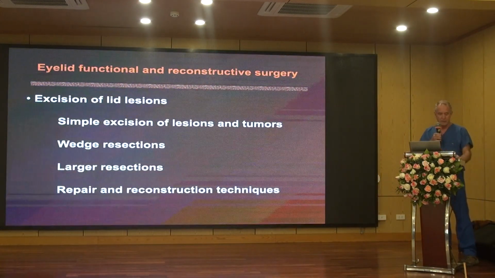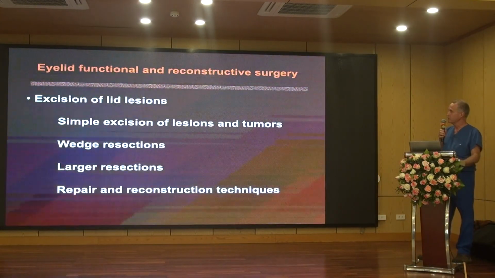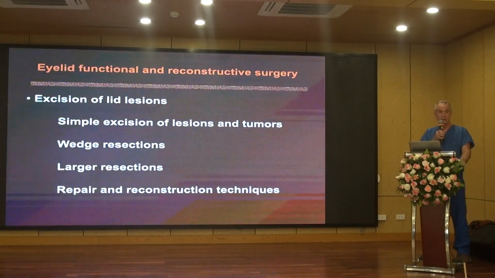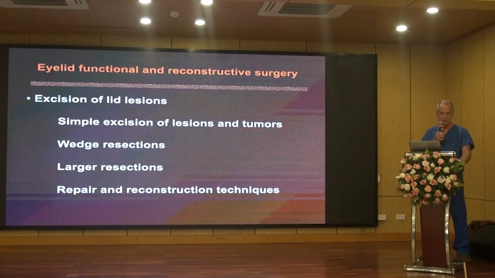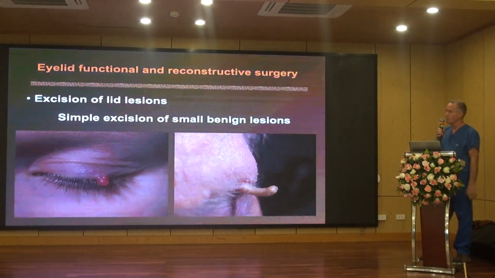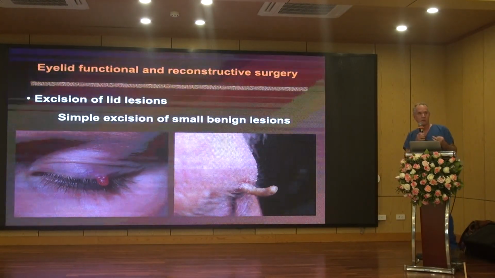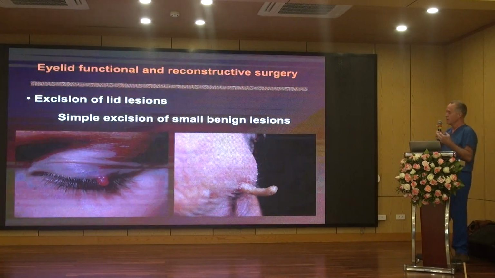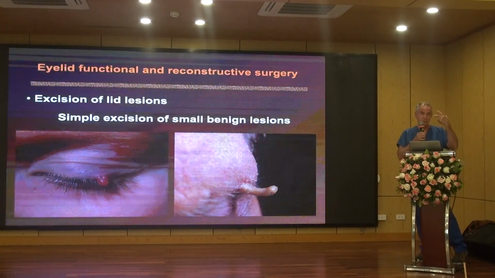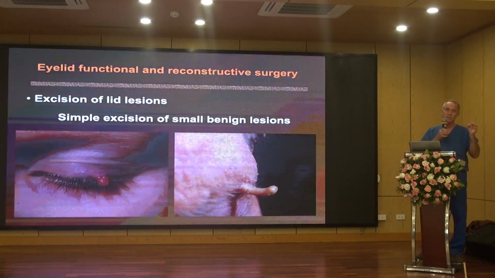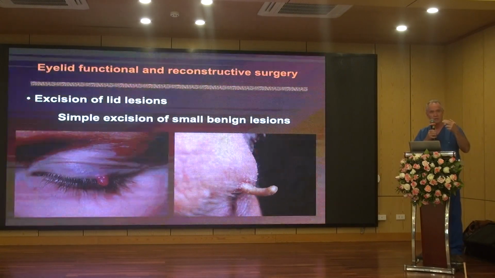First, we'll start with eyelid lesions, simple excisions, wedge resections, and more complex reconstructions for eyelid tumor and eyelid lesion excisions. We all see simple lesions in our office every day. Most of these can be excised just within a few minutes. Local anesthesia, forceps, scissors, we excise the lesion.